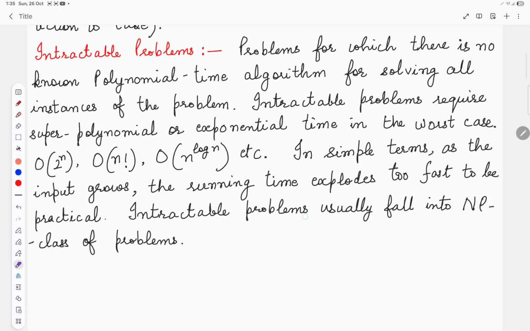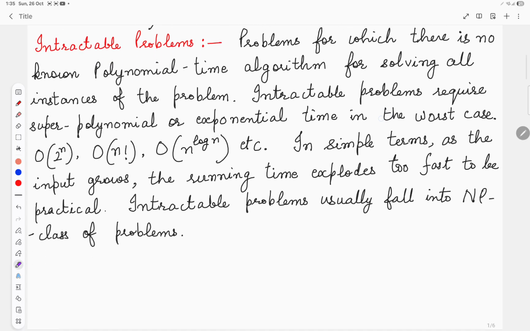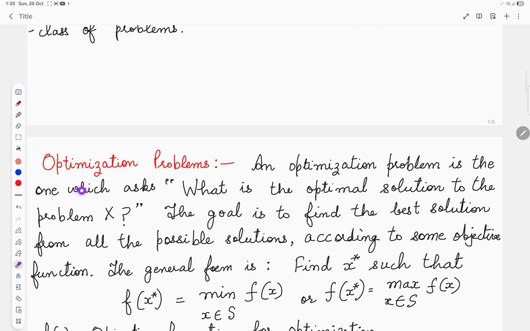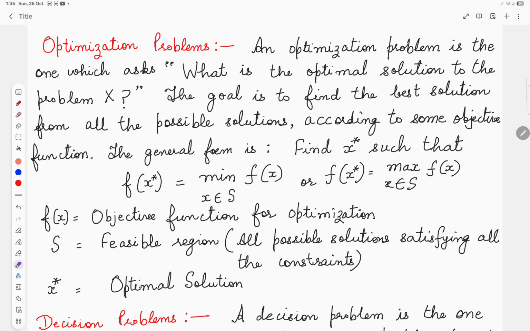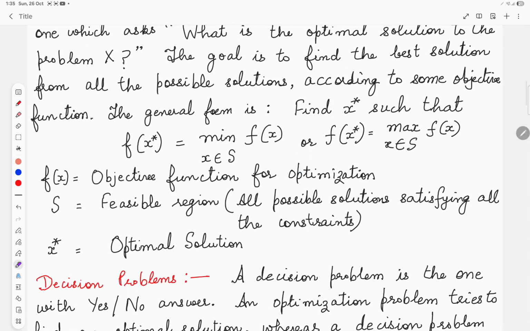So I have just discussed tractable problems, problems for which the running time grows polynomially with the size of the input. Intractable problems have no known polynomial time solution and require exponential or super polynomial time. So these are categorized as the NP class of problems. Then optimization problems, where we find the best solution out of a set of possible solutions according to some objective function.